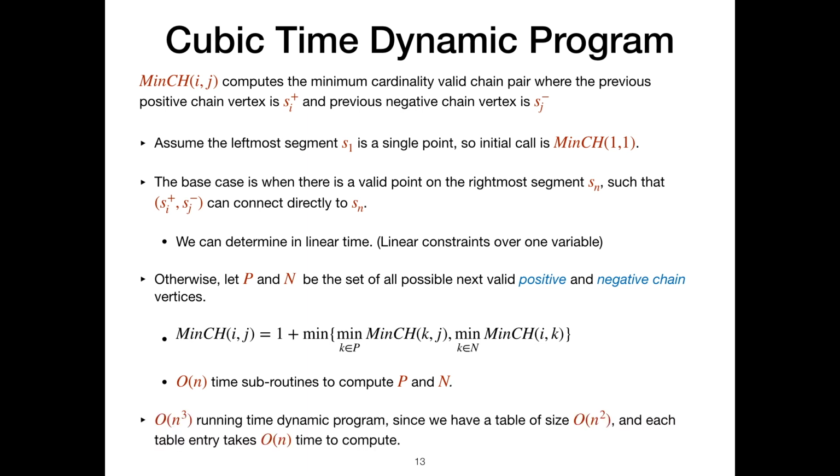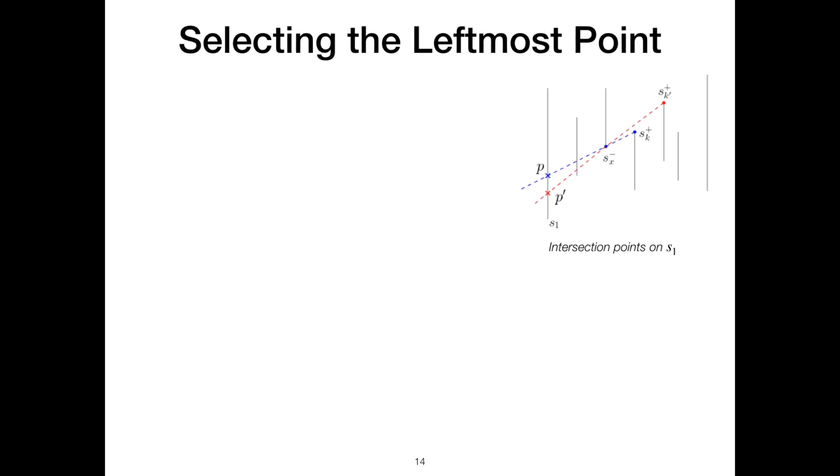Our dynamic program runs in cubic time since we have an n-squared size table and each table entry takes linear time to compute. Now we are going to remove the assumption of S_1 being a single point.